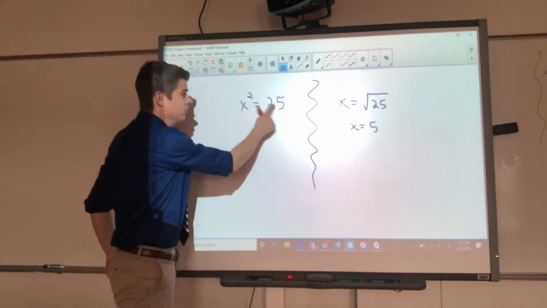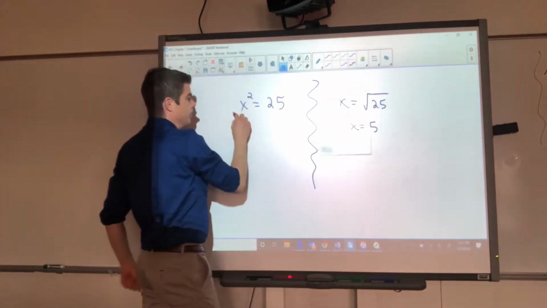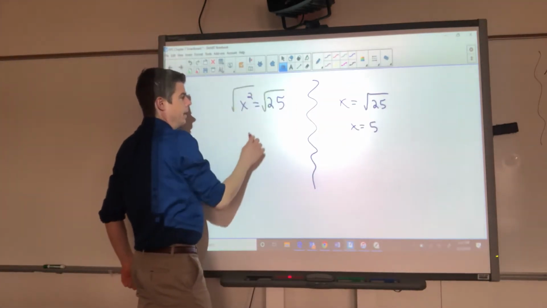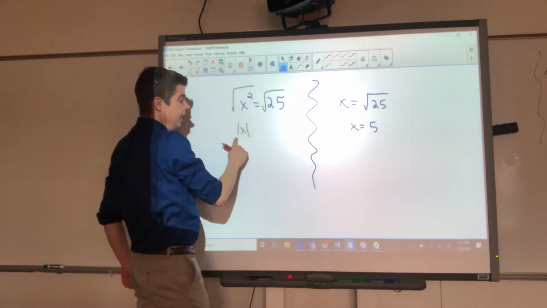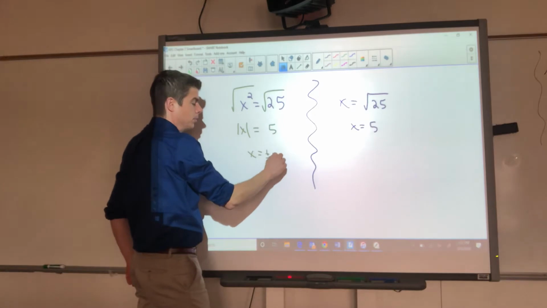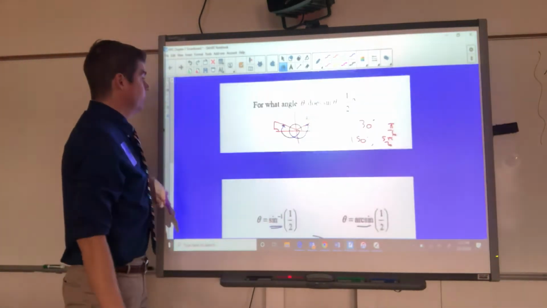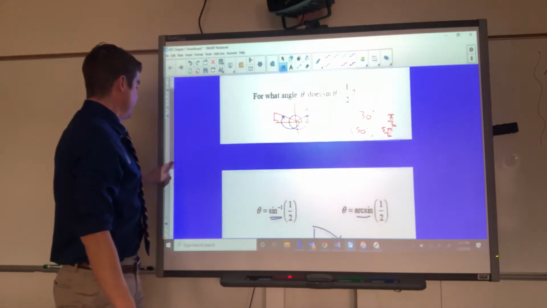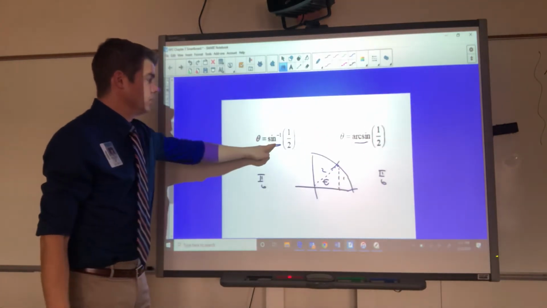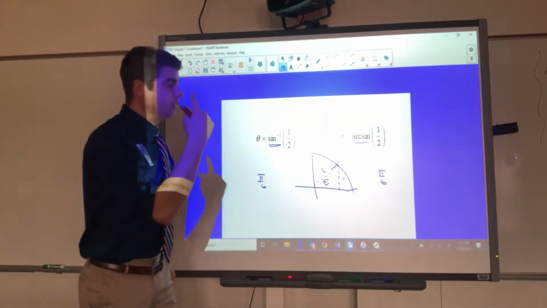If I have to introduce a square root to my equation, then I need to think of that as the absolute value of x is equal to 5, or x is equal to plus or minus 5. I get two solutions. So same idea here. If you already have the inverse function as part of your problem, there's only one answer. There's a principal answer.